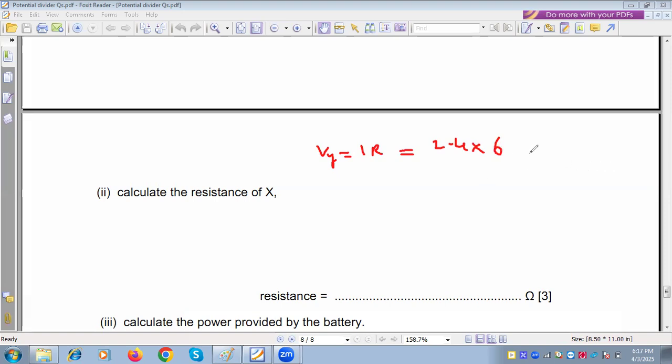So this is 14.4 volt. So what will be the potential difference between A and B?